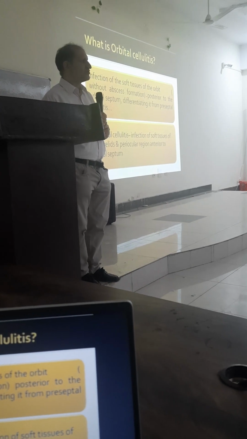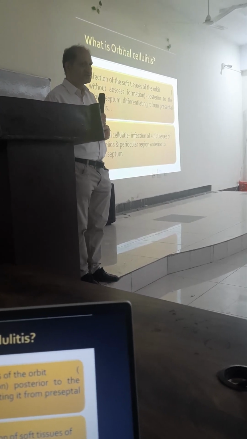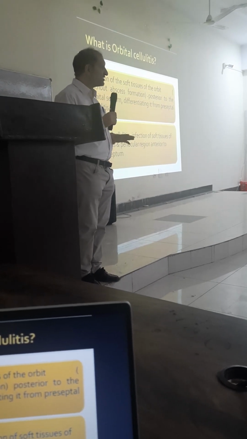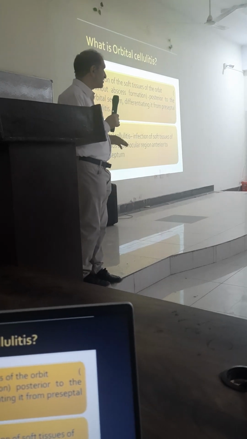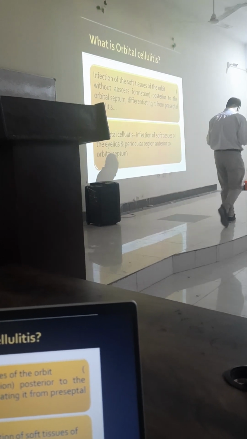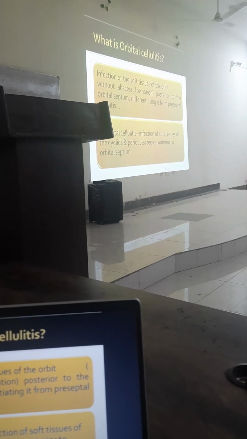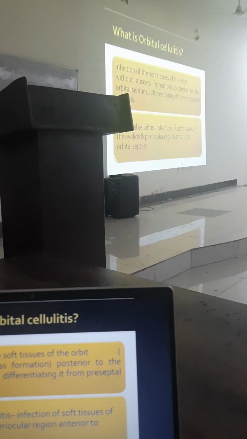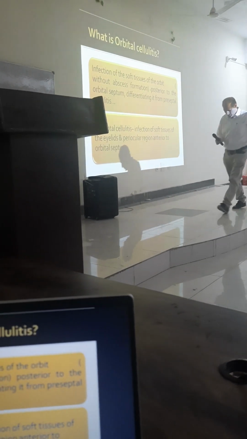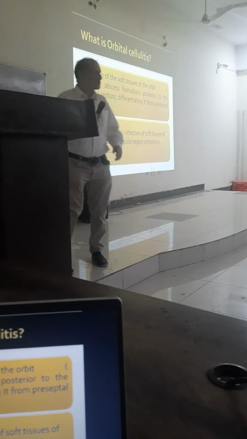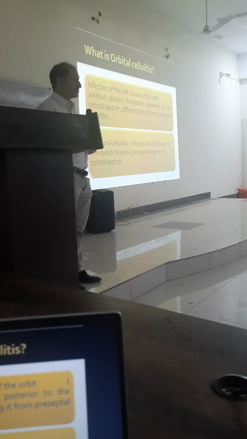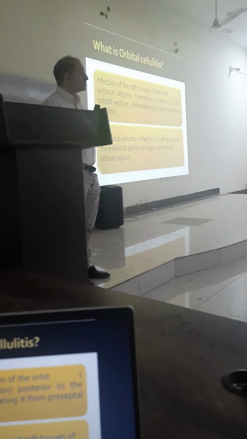Generally we classify it into preseptal cellulitis and orbital cellulitis. Orbital cellulitis is also called postseptal cellulitis.